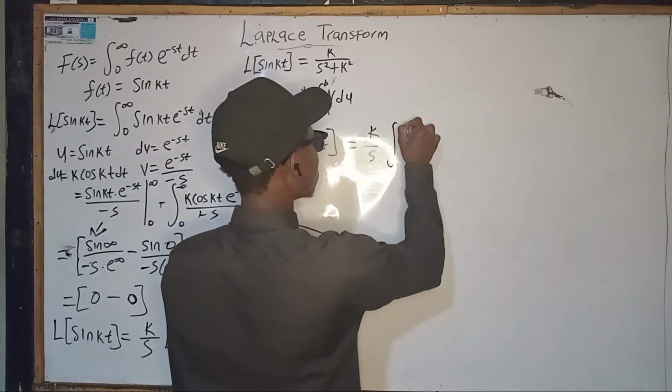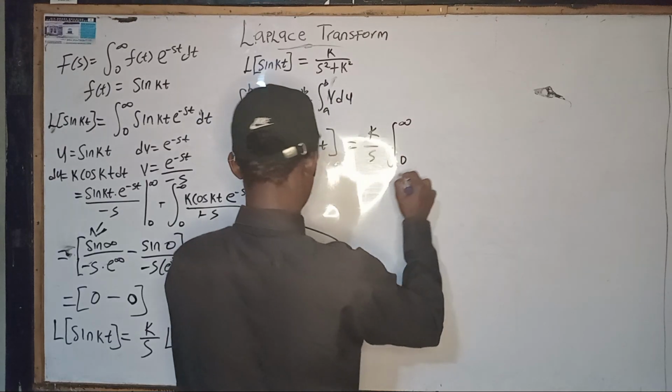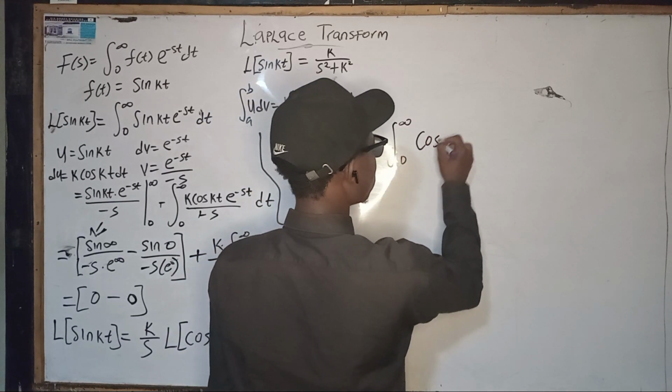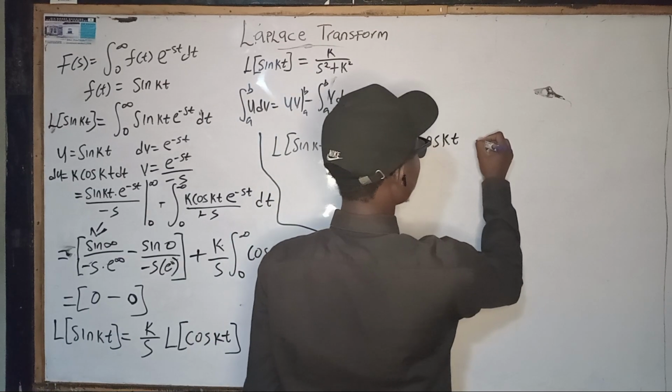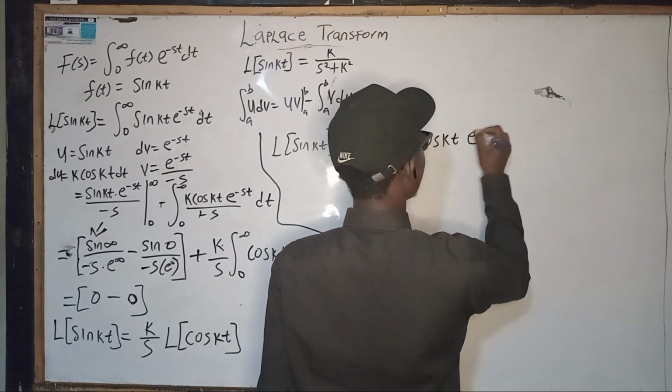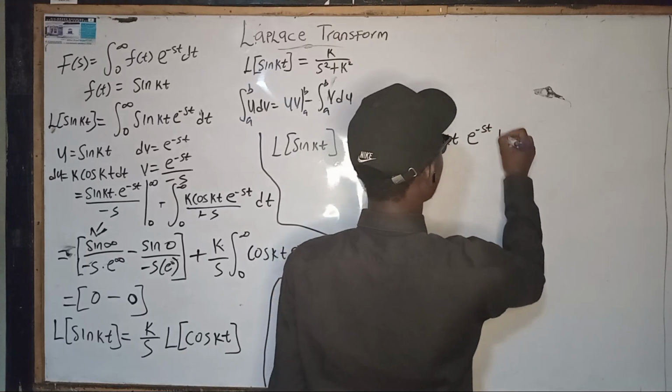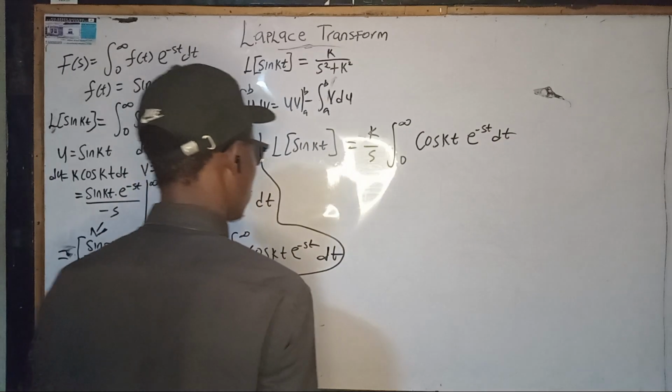So this will be the integral from infinity to 0 of cos kt times e raised to the power minus st dt.